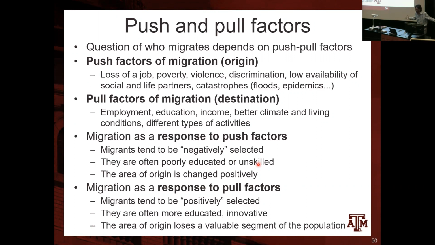That is, people that usually have lower levels of education and lower levels of skill compared to people in the destination, not compared to people in the origin. Comparing with the people in the destination, they still have better health outcomes, exactly because there is a selectivity even within this group. So whenever we say that immigrants are coming from one country to the other, actually the best ones on average are coming.